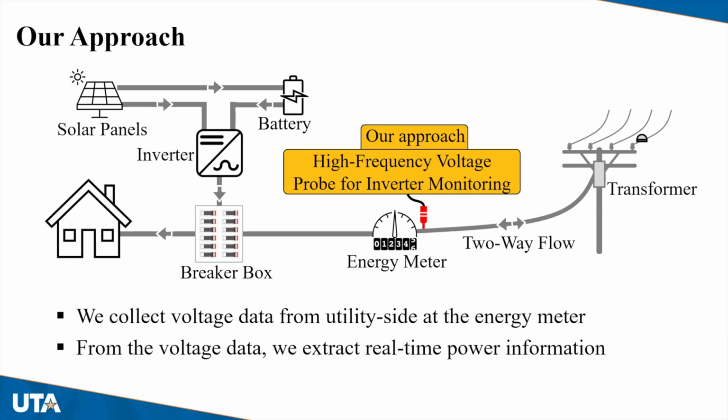And this is actually direct monitoring. I'll discuss why we call it direct monitoring: you can know exactly how much power is generated from the inverter. You don't have to do any historical data based analysis, or rely on any load prediction. How does it work?